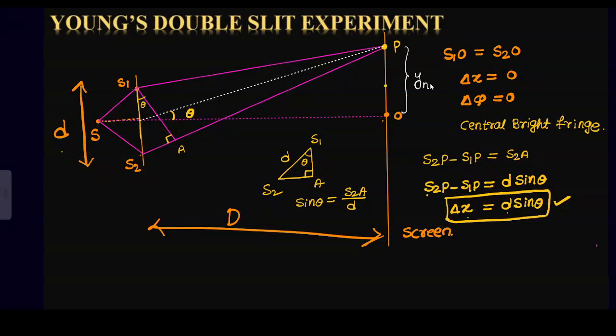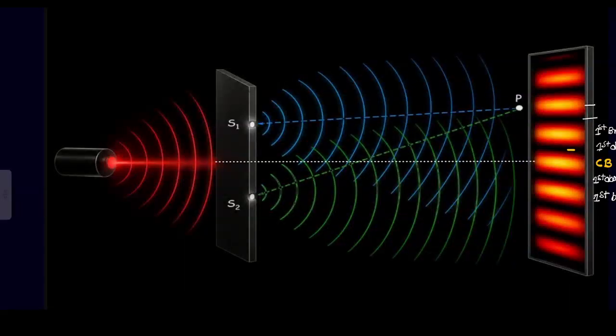Now at the point P, if it is a bright, let us say at the point P, if it has occurred as the nth bright, we consider case 1.